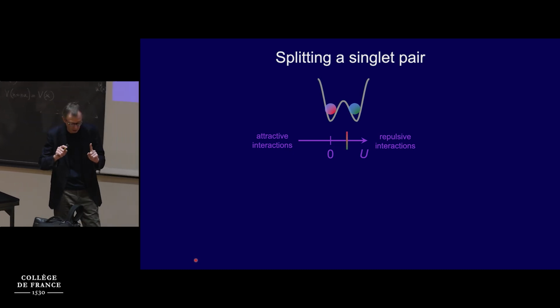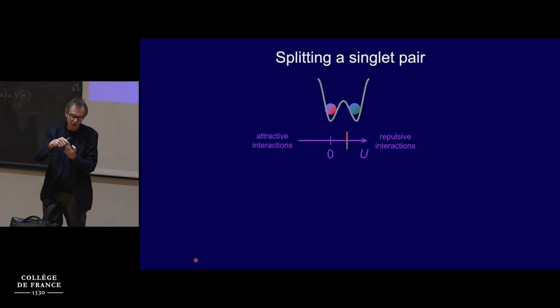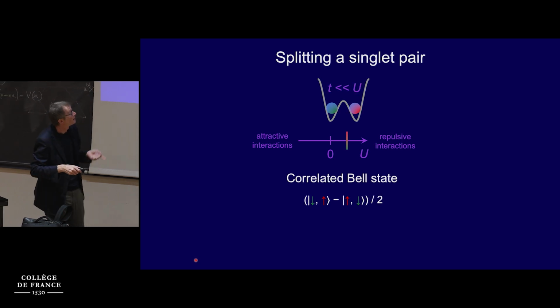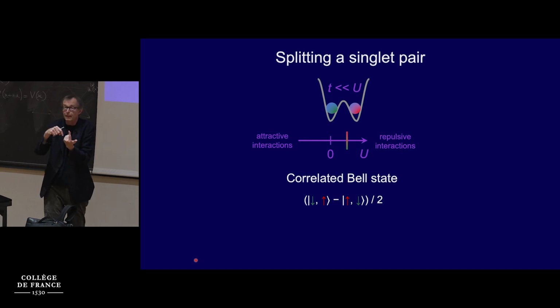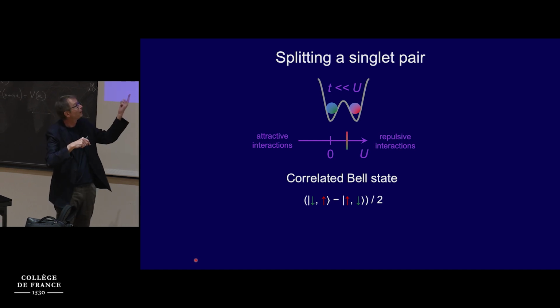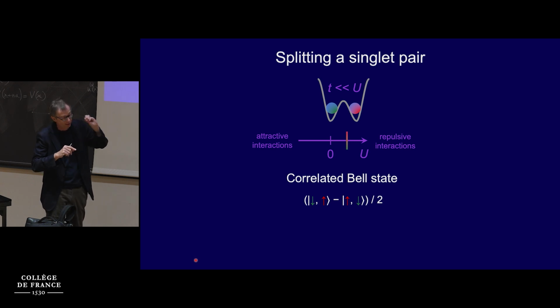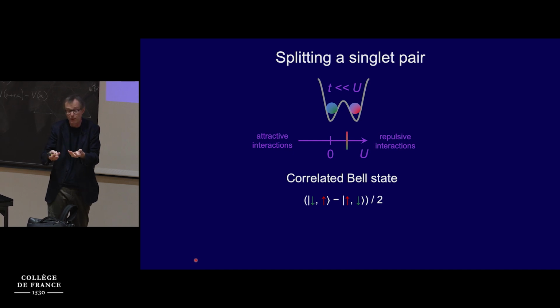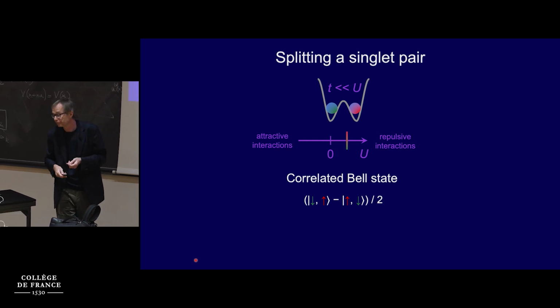So out of our localized attractively interacting singlet, we have produced a Heisenberg singlet in the sense that it is a correlated Bell state. I do not know which spin is on the left or on the right side, and the energies are such that the tunneling energy is small compared to the interaction energy. So I know I have filled both lattice sites, but I don't know which spin I have where.